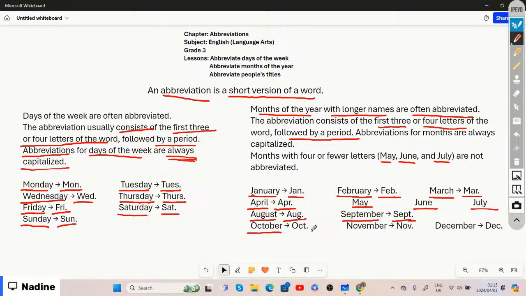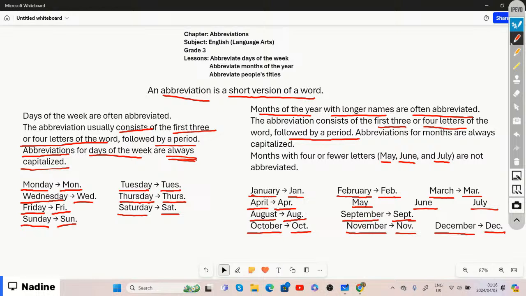October, we capitalize to Oct, followed by a period. November, we need to shorten. It's going to be Nov, N-O-V. And December, we're going to abbreviate or shorten that word to D-E-C and a period, right? So this is basically the months of the year.